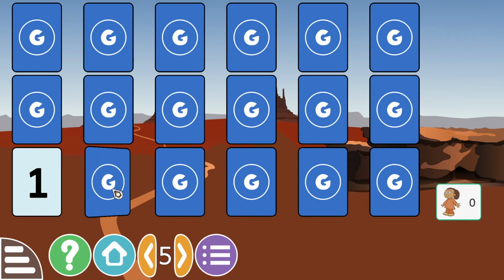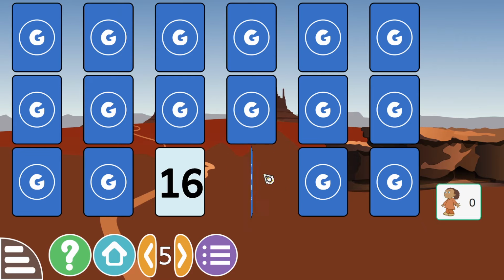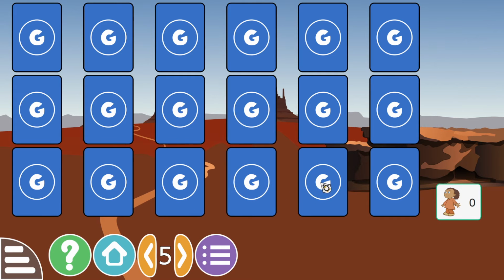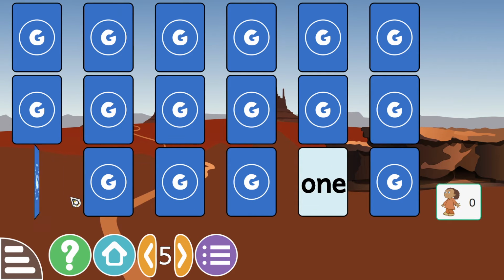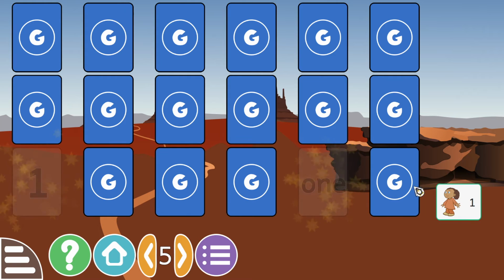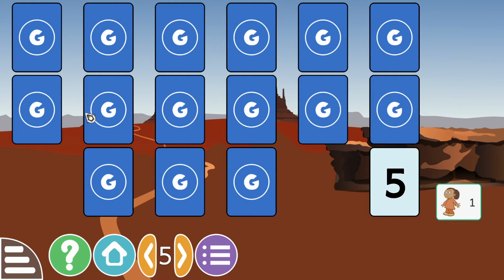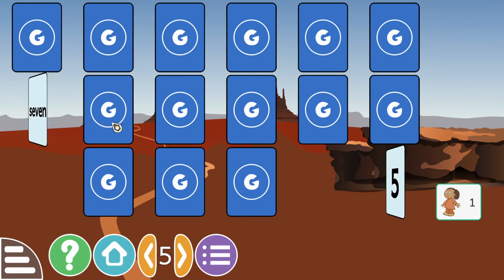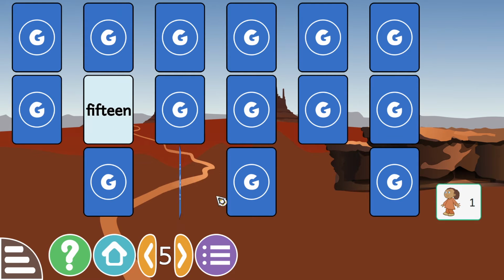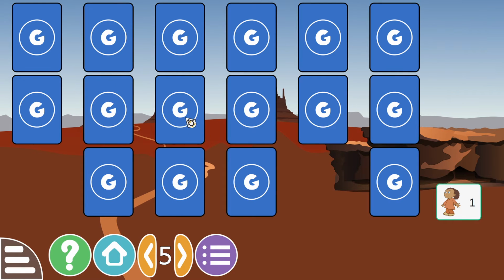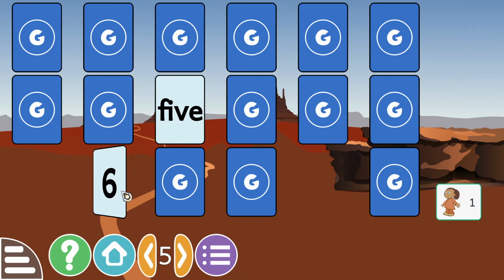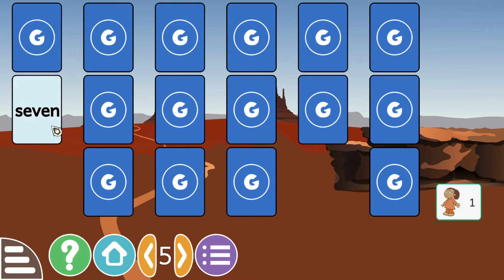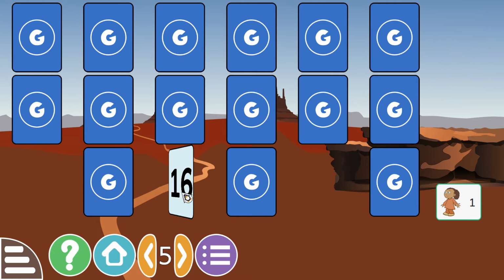I think we've got a few more cards now. So 1 and 6. 16, so they're 2 different altogether. So we've got 1 and 1. 5 and 7. 15, no. Try and go through methodically.